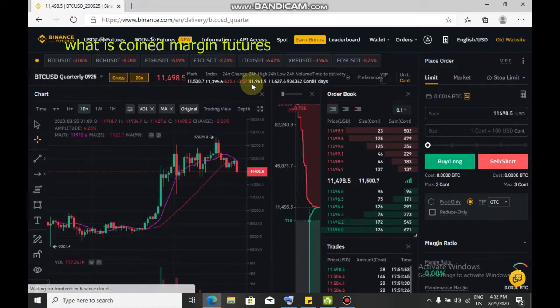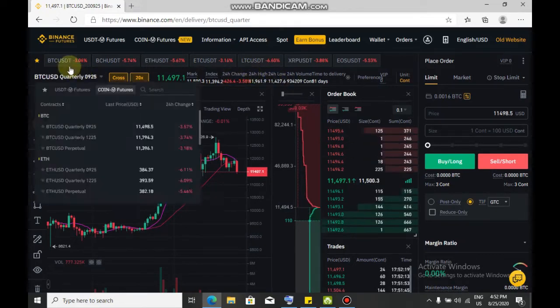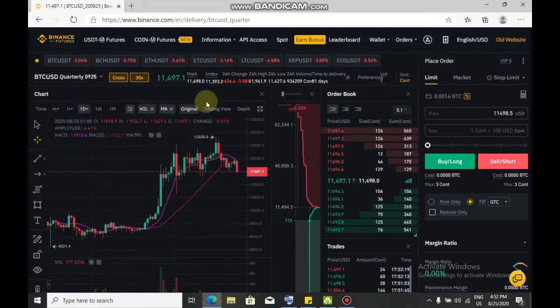It's coin margin futures. All right, coin margin futures means the buying or selling of an asset without owning it. So you buy or sell an asset without having ownership of it. That's where the term contract trading comes from, because when you buy or sell an asset, you are just opening a contract.